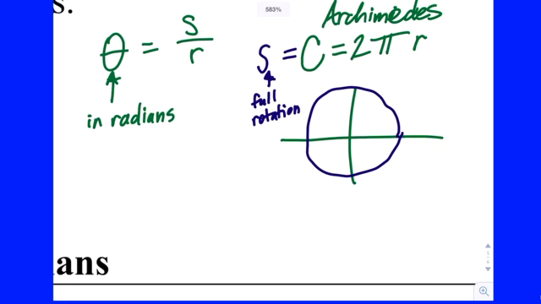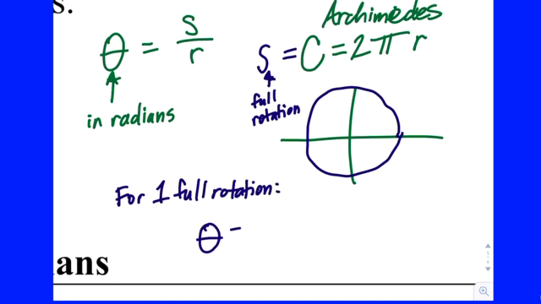So let's go ahead and see then what the radian measure is of a full rotation. So for one full rotation, we get theta is equal to, of course, s over r. But as we just said, what is the name for the arc length of a full rotation of a circle? It's the circumference. So it's really c over r.